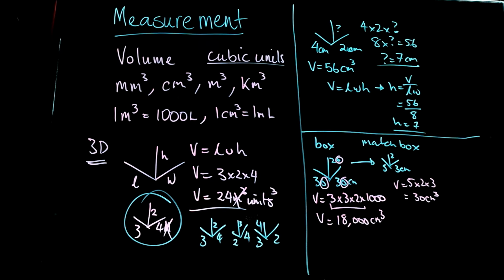So we're going to arrive at our answer perhaps this way. We need to do a division calculation. I'm going to set it up like this because I'm going to cross off some zeros, and I see that 3 goes in here once and goes in here 6. So my answer is 600 matchboxes. Okay.